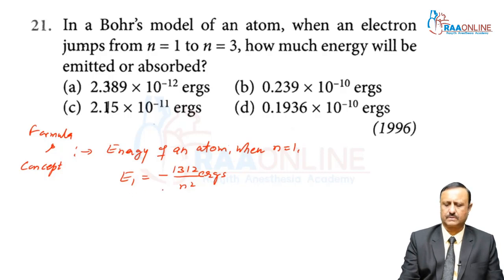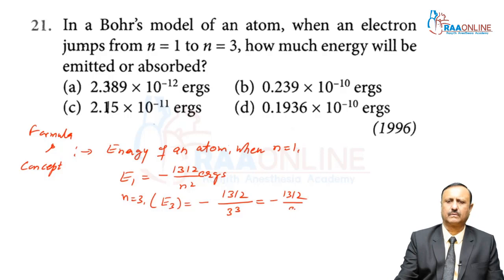So, my dear students, in n is equal to 3, it is called E3, that is equal to minus 1312 upon n is equal to 3. So, it is a square of 3, and you get minus 1312 upon 3 into 3 is 9 and 9 into 3, so you get 3 square as 9.